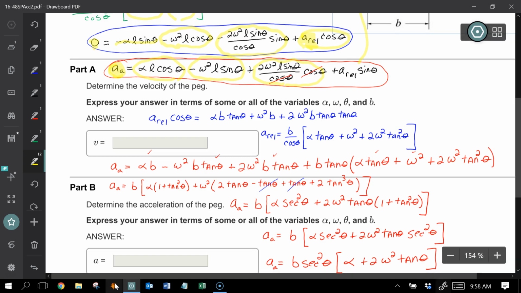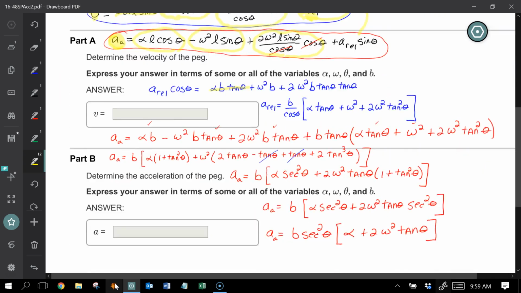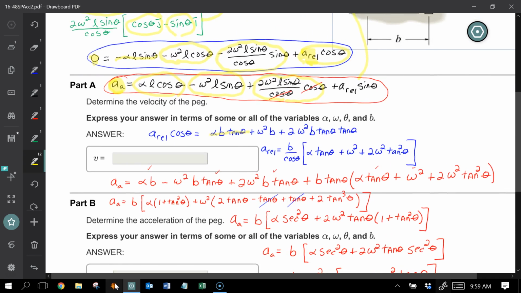So I take A-rel cosine theta, and I take everything else and throw it to the other side. So I'm just basically copying here. And wherever I see an L, I'm putting in B over cosine theta. So this becomes alpha sine over cosine, which is the tangent, and for the second term it's a positive because I threw it to the other side.